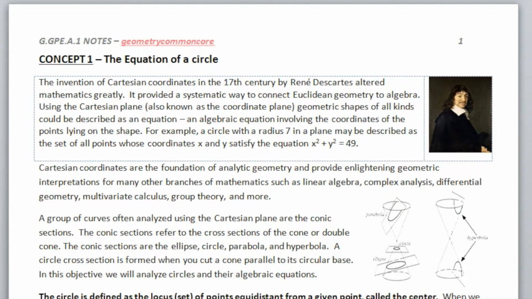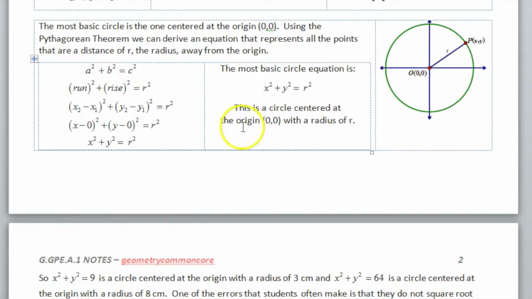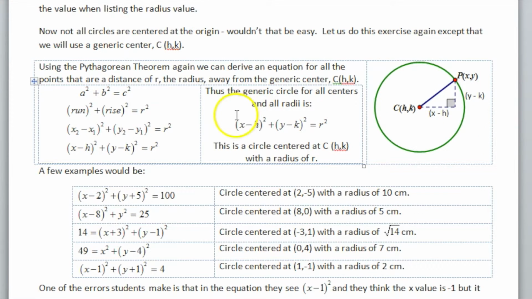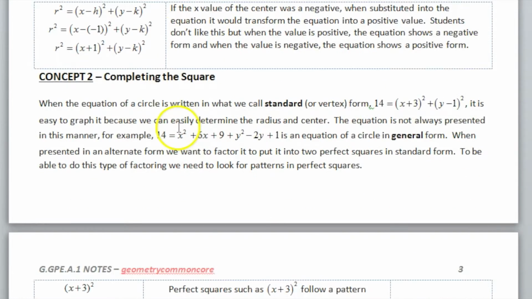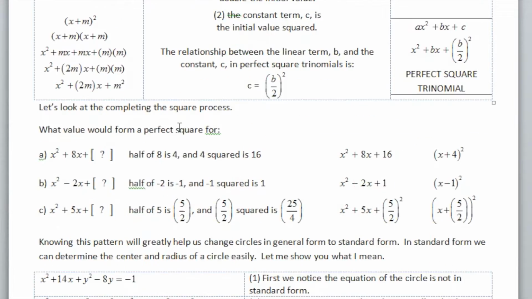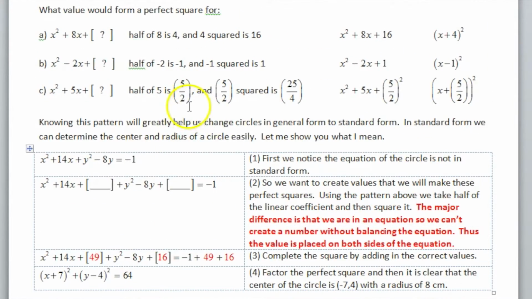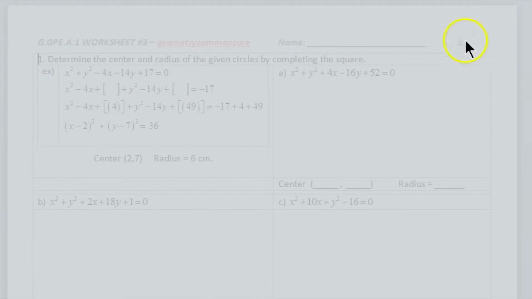So this particular question deals definitely with the equation of a circle, knowing its forms. So we establish how an equation of a circle comes about. We talk about the center and its radius. And then we get into completing the square, and that's what really is being asked in this question. Lots of examples, both the fractional ones and whole number ones, lots of things there in the worksheets.